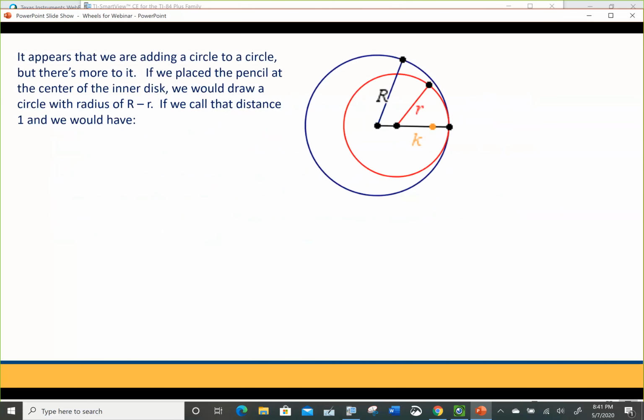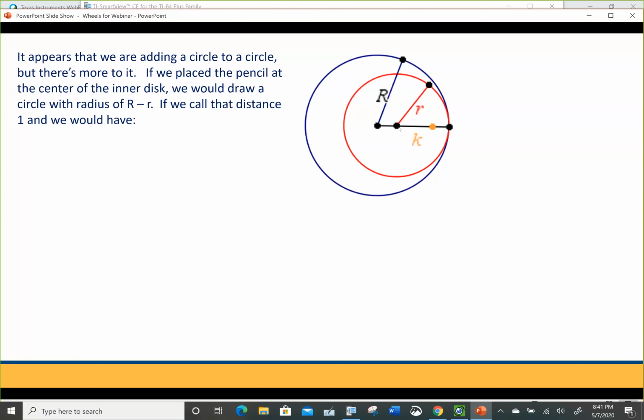Now, it almost looks like this time we're adding a circle to a circle, but there's a little more to it than that. If you place the pencil at the center of the inner disc, all we'd be doing is drawing a circle. The radius of that circle would be the radius of the large circle minus the radius of the disc.